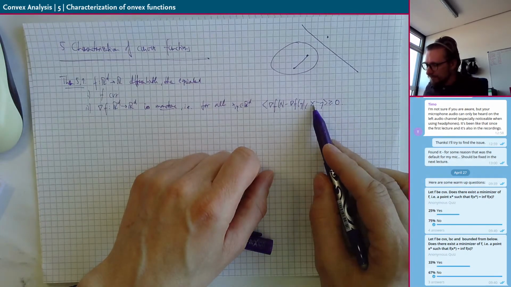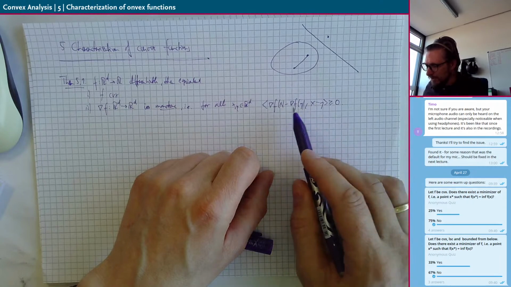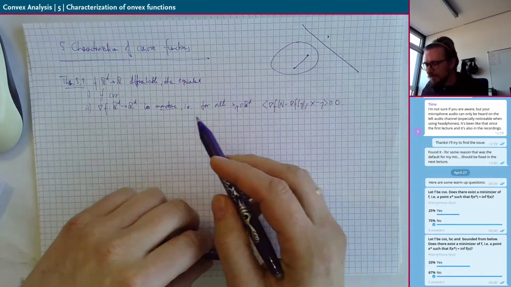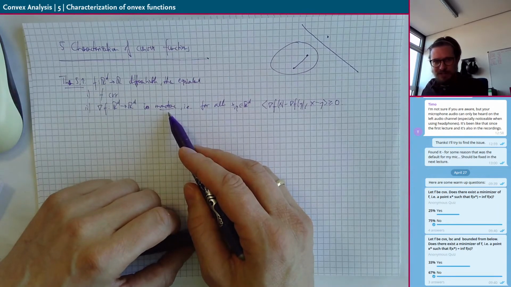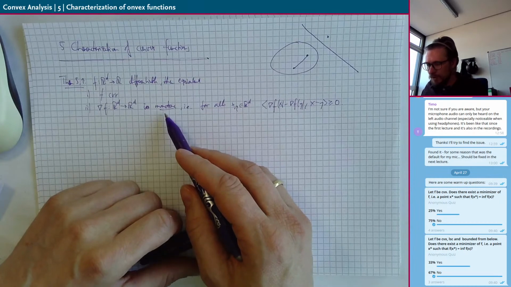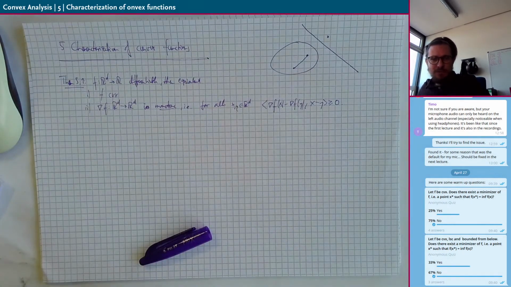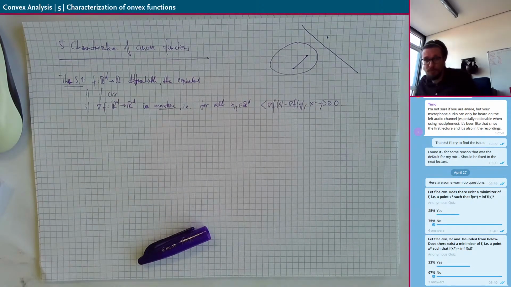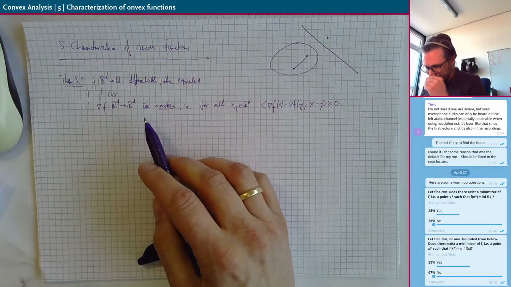And the same if x is smaller than y, then this has to be smaller than that. It's still increasing. So what we call monotone here, in 1D, would be increasing. But in Rd it's not really about getting larger or smaller. The name which has stuck is monotonicity for such maps.